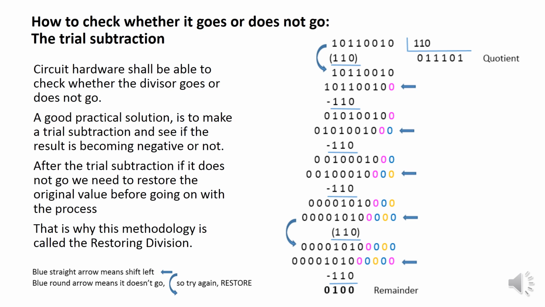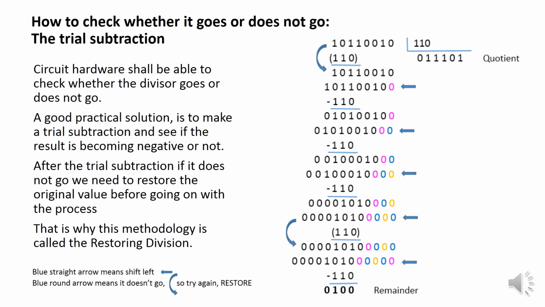If the result of a subtraction is becoming negative, then you can say that it does not go. If the result remains positive, then it is fine and we can proceed. In binary signed numbers, we know that the sign bit of a number is the first bit. If the sign bit is 0, the number is positive, and if the sign bit is 1, the number is negative.